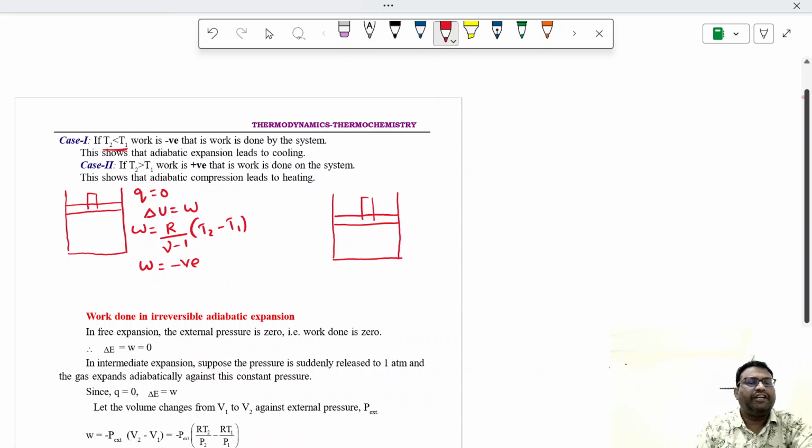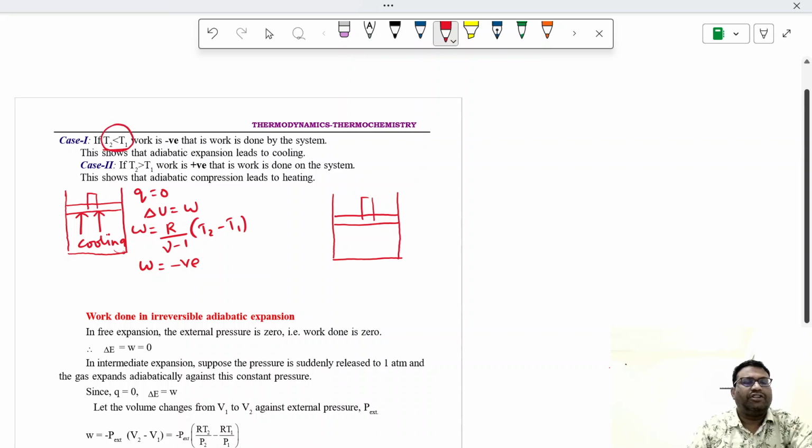What does negative work represent? Negative work represents that work is done by the system, expansion work. So final temperature is less than initial temperature. That means when work is done by the system, it leads to decrease in the temperature. Decrease in temperature leads to cooling. So this condition we need to remember.